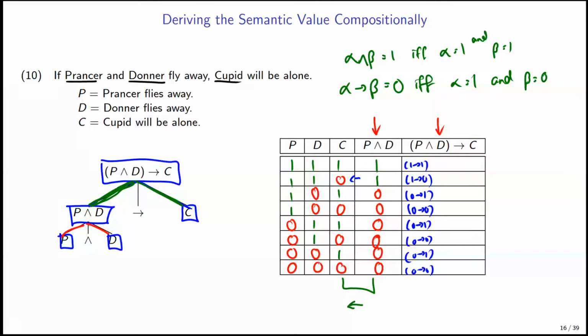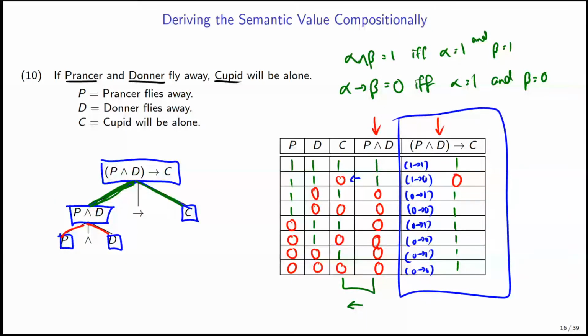Okay, so in this case, it's false in the second row because we have 1 arrow 0. And in all of the remaining rows, it is going to be true because either the antecedent is false, meaning 0 is on the left, or we have 1 arrow 1. So this final column here is the truth of the complex well-formed formula: if Prancer and Donner fly away, Cupid will be alone.